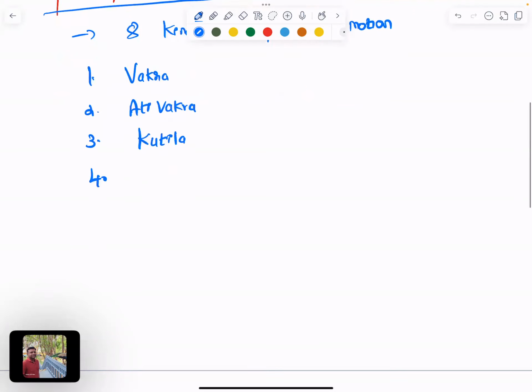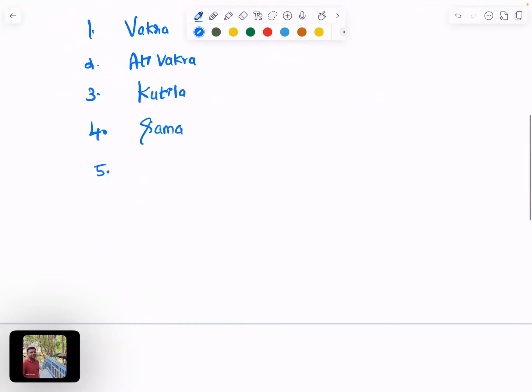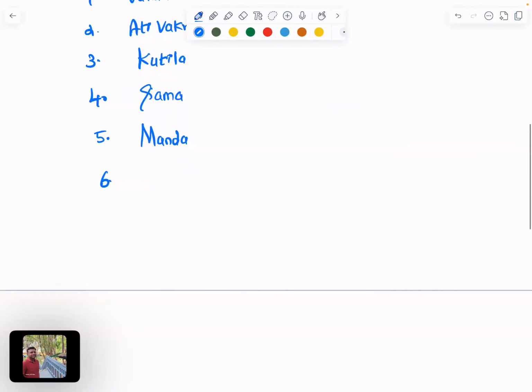And fourth is Sama. Fifth is Manda. Sixth is Mandatara. Seventh is Shigra. And eighth is Atishigra.